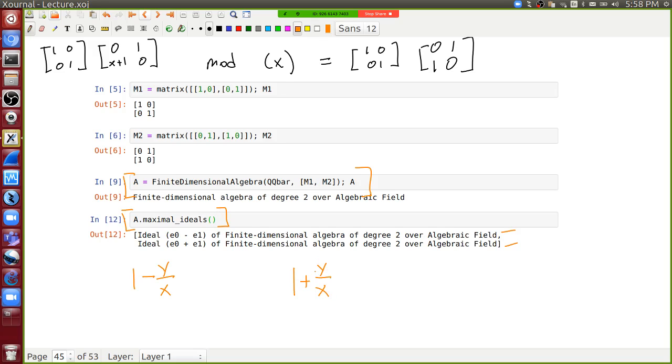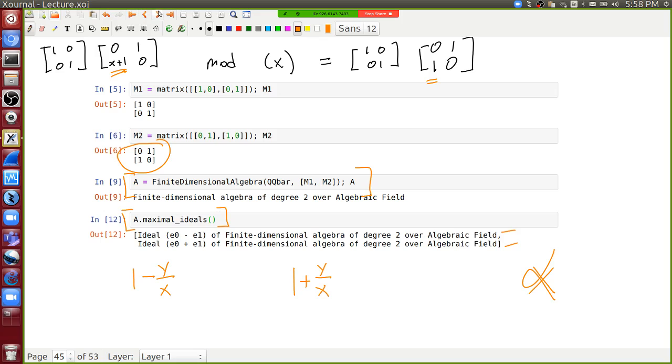And we can see that these correspond to the two cases, the two places over our singularity. And then notice here I took x minus 1, reduced it modulo x, we got a 1 here, and that's where I set this up in this matrix.